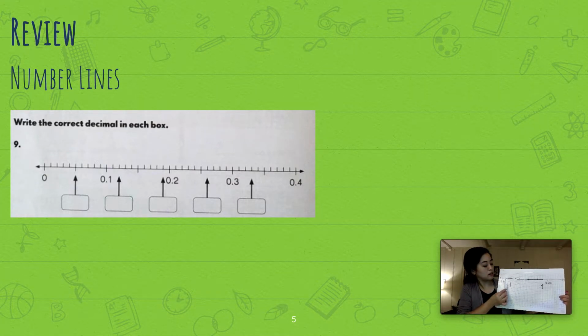So let's count each tick mark. This is 10 hundredths, 11 hundredths, 12 hundredths, 13 hundredths, 14 hundredths, 15 hundredths, 16 hundredths, 17 hundredths, 18 hundredths, 19 hundredths, 20 hundredths. So here, this is 12 hundredths, and here, this was 19 hundredths.